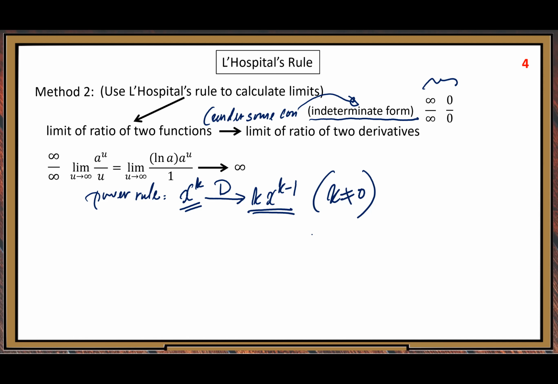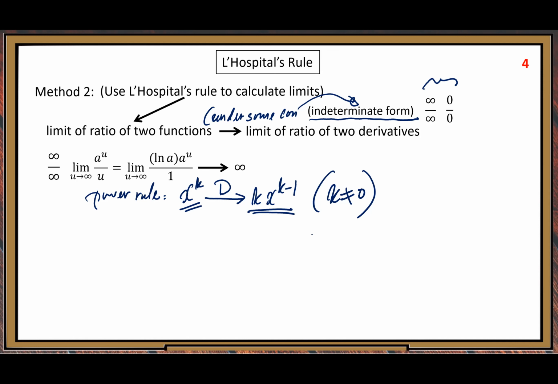The derivative of the numerator, you can find this formula: natural log of A times the original exponential function. Then we apply L'Hopital's rule. We can see the numerator goes to infinity, and the denominator is just 1. So our answer is infinity.